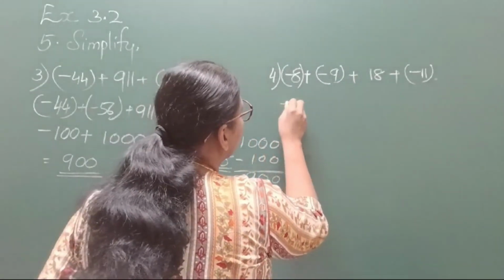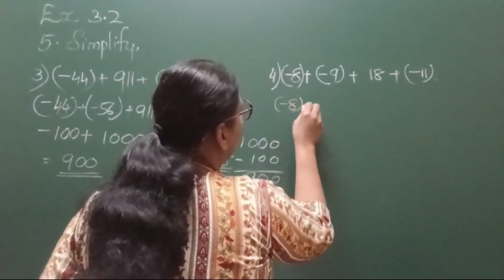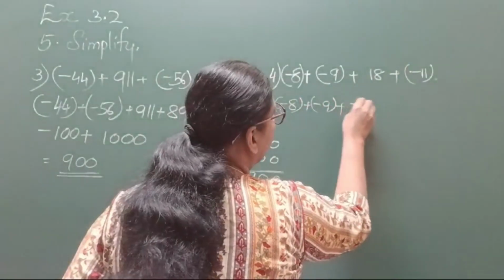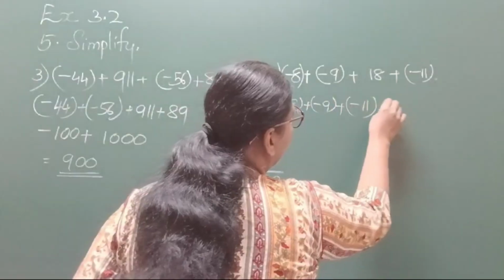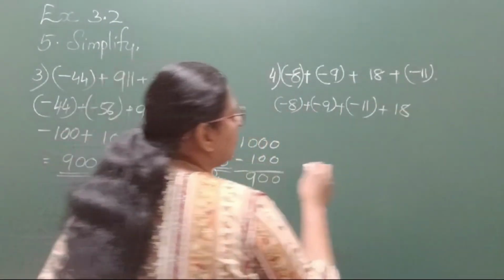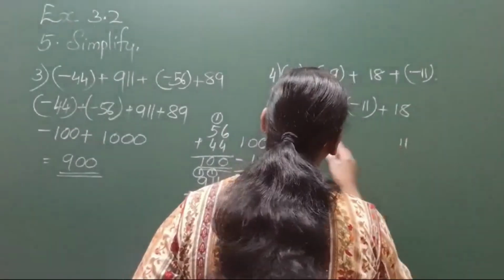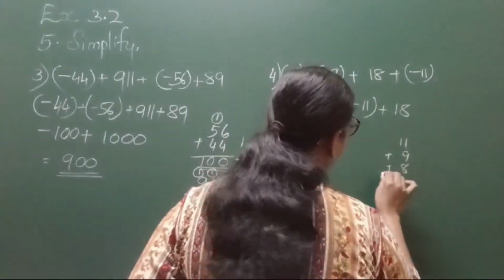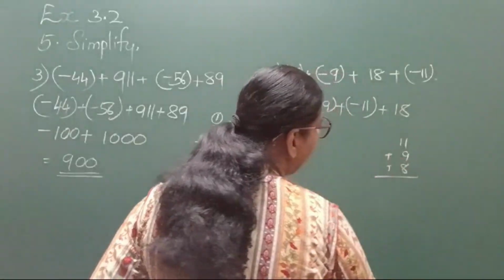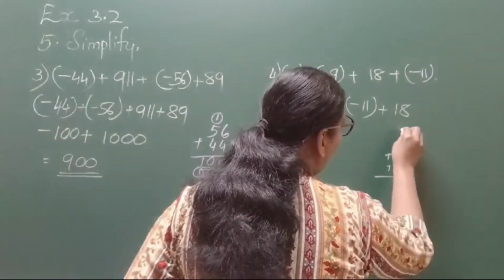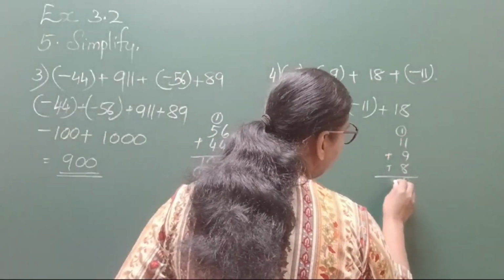Let's add minus 8 plus minus 9 plus minus 11 and then add 18. Here 11 plus 9 plus 8. 1 plus 9, 10. 10 plus 8, 18. 1 balance, 1 plus 1, 2.